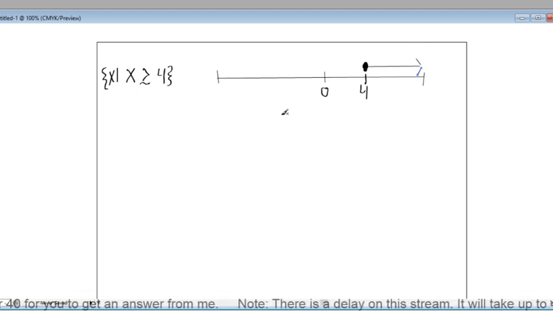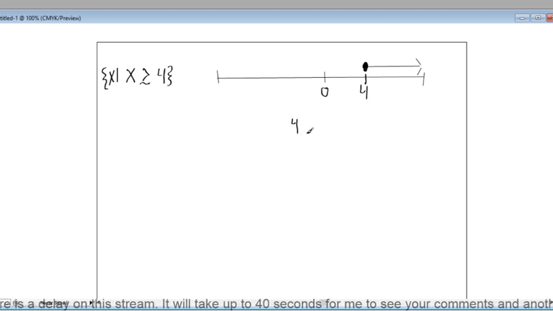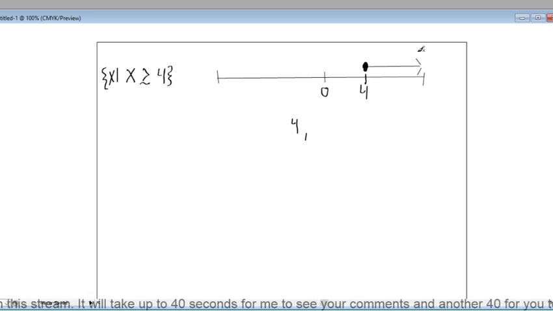We can also write this a different way in interval notation, so we don't have to look at this graph. We can instead look at the interval. The interval is a start point, which is 4. We read from left to right. And the end point, since we don't have an end point, really it's going to be infinity.